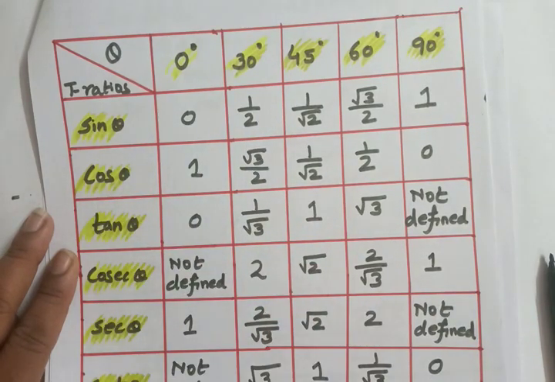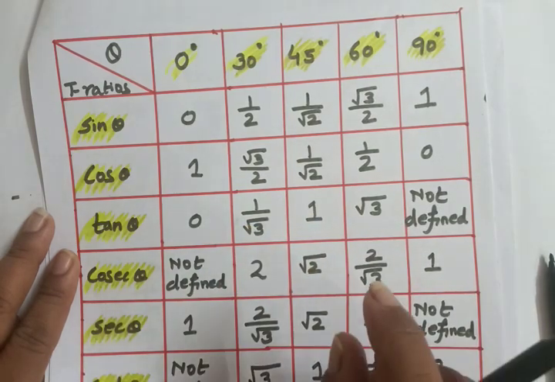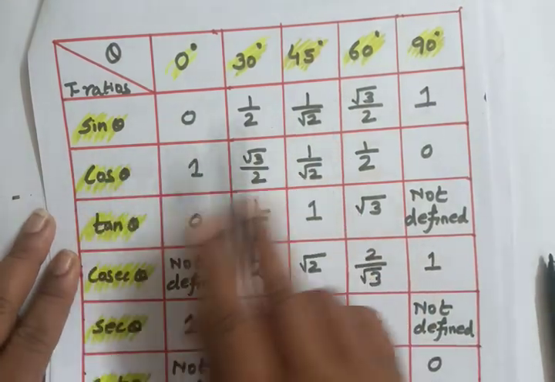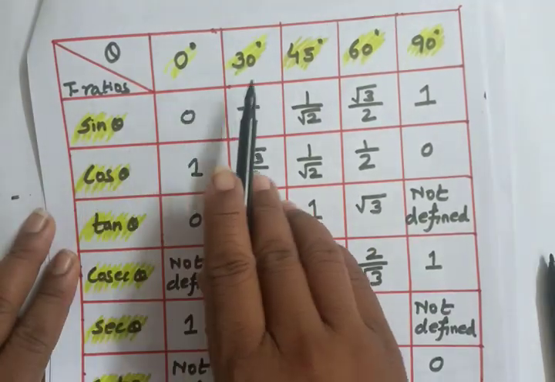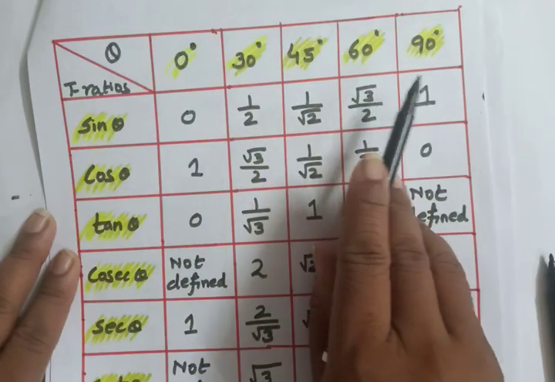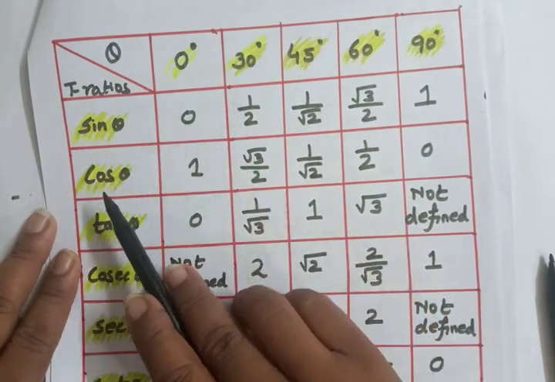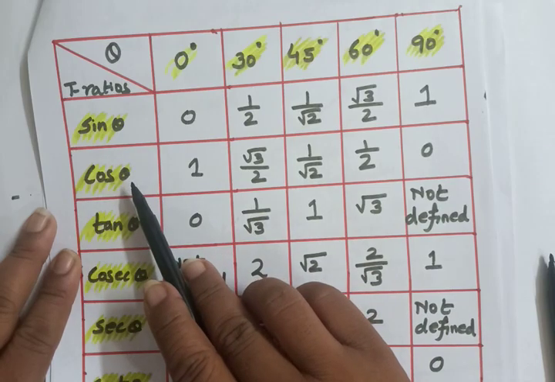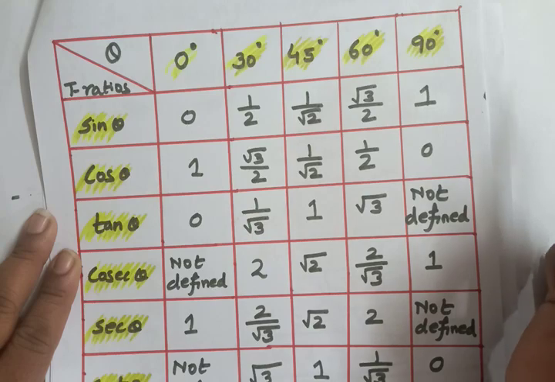These are the standard values. In my previous video I already told you, please learn all the values, especially for sine and cos. If you know the values for sine at 0 degree, 30 degree, 45 degree, 60 degree and 90 degree, the same goes for cos theta. Here theta is a variable, and it could be 0, 30, 45, 60 or 90 degree.